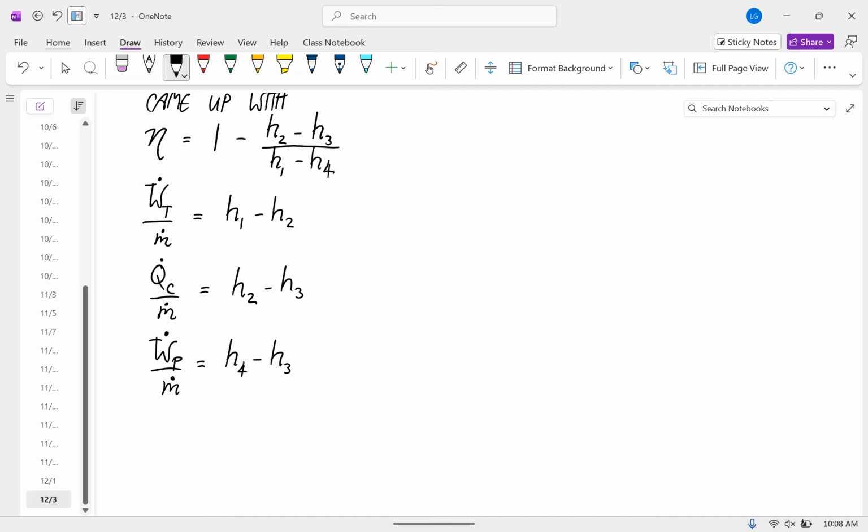And there's another way to calculate this stuff. This is also equal to the specific volume times the quantity pressure at state 4 minus pressure at state 3. Anyone remember why we have this second way of calculating this for the pump? This is important.